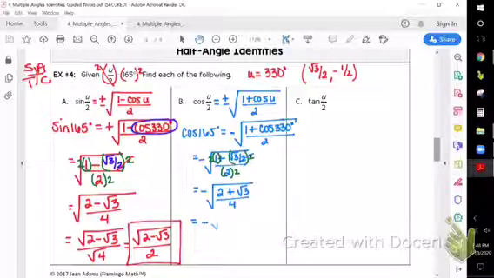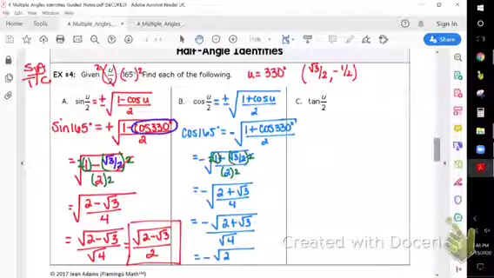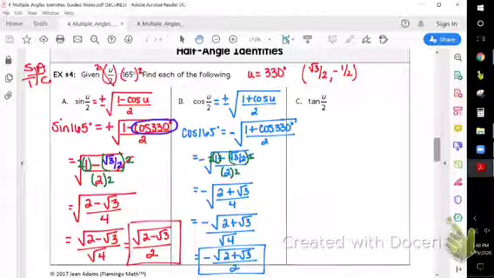Again, I'm going to separate the numerator and the denominator here. And because I can take the square root of 4, I'm going to do that. So we got the negative square root of 2 plus the square root of 3 all over the square root of 4, which is 2. And so that is what cosine of 165 degrees is equal to.